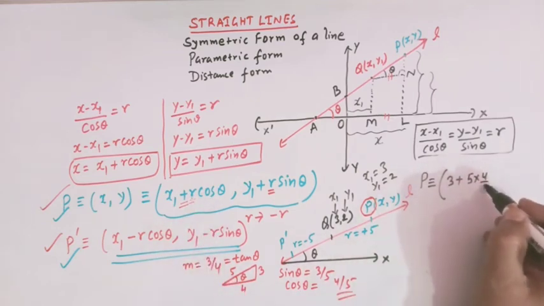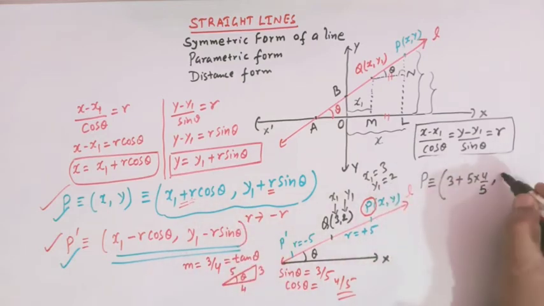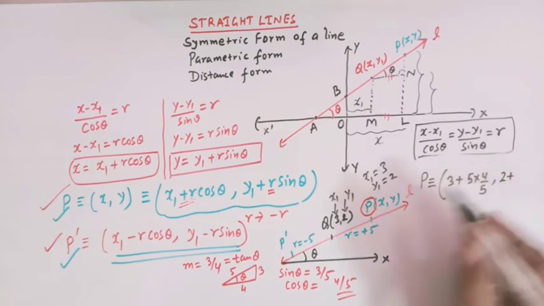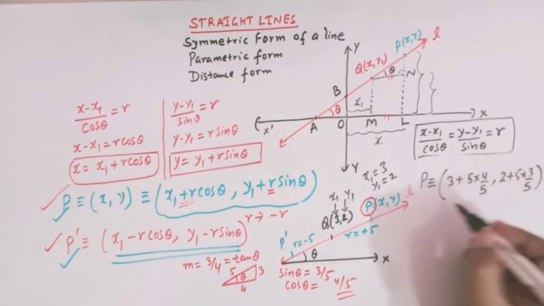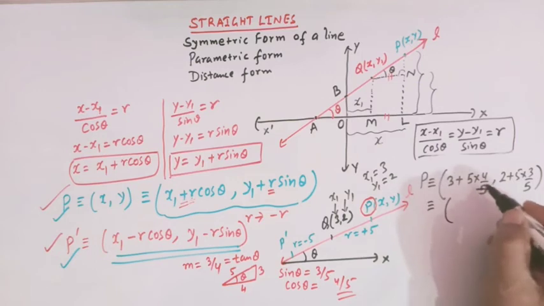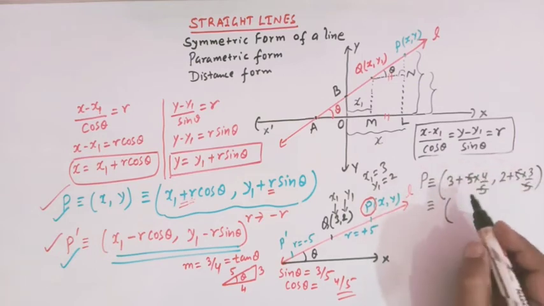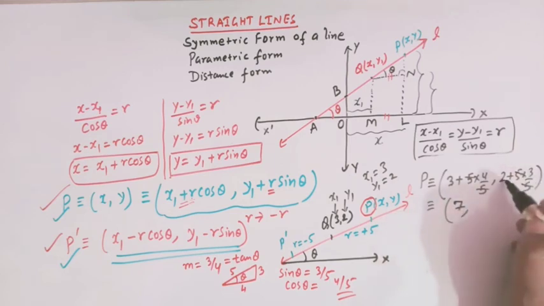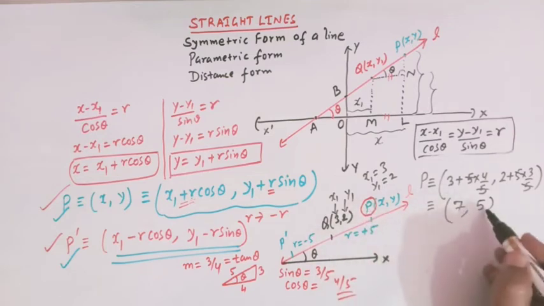Cosine of theta is 4/5, and then we have y1. Y1 is 2 plus r is 5 times sine theta. Sine theta is 3/5, right? So now we have here 5 and 5 get cancelled, here 5 and 5 get cancelled. This is 3 plus 4, 7, and this is 2 plus 3, 5, right? So the coordinates of this point P are 7, 5, right?